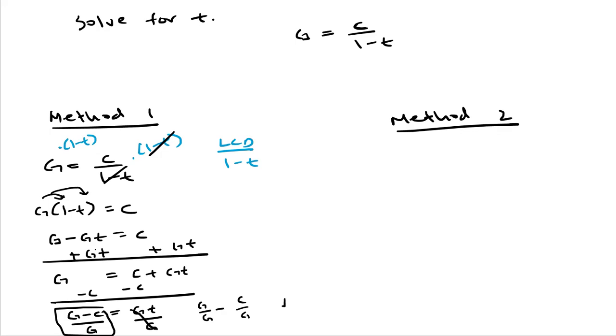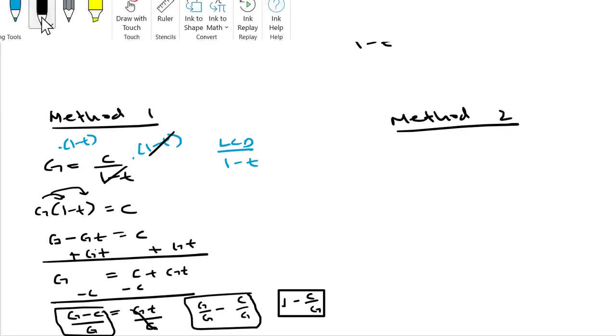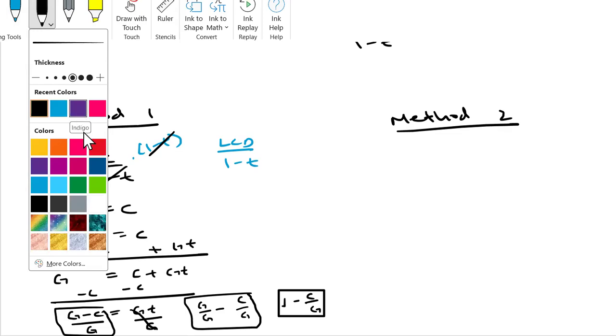G divided by g is 1, so we can do 1 minus c over g. So again, you might have a variation of your solution and it's still acceptable. So again, all three of these are correct, right? So that's method 1. So let's go ahead and do method 2.